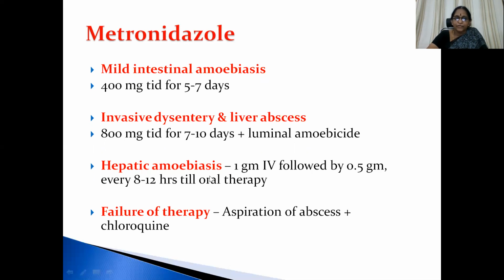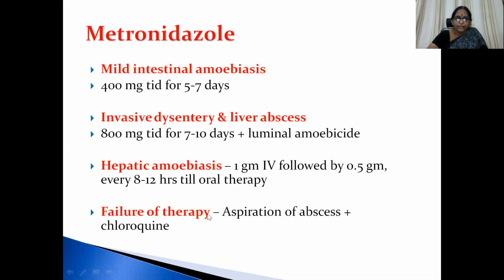Then hepatic amoebiasis, 1 gram. It is a little higher when compared to the 800 milligrams. Intravenous administration, because it is a little advanced stage, followed by 0.5 grams or 500 milligrams every 8 to 12 hours till oral therapy is started.